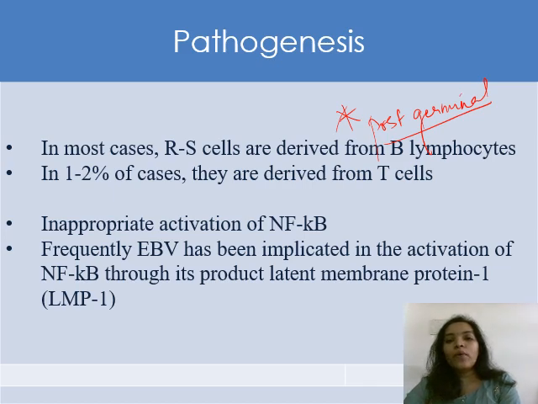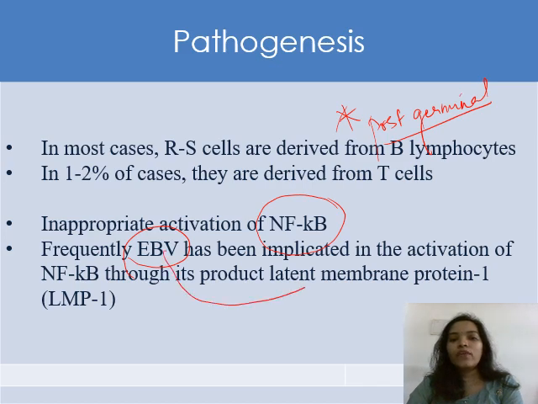There is inappropriate activation of nuclear transcription factor NFKB, and this inappropriate activation occurs because of the Epstein-Barr virus infection. So Epstein-Barr virus on its surface has a product called as latent membrane protein 1, LMP1.